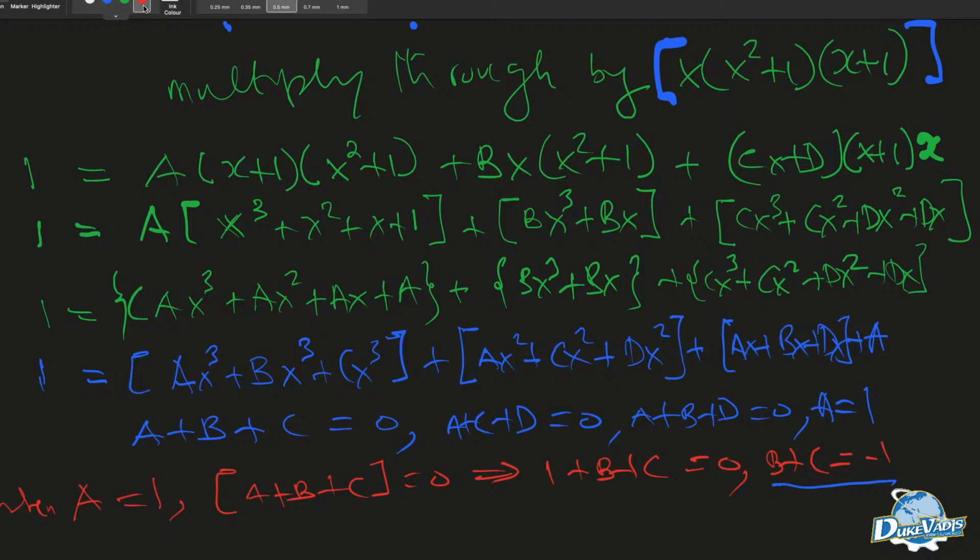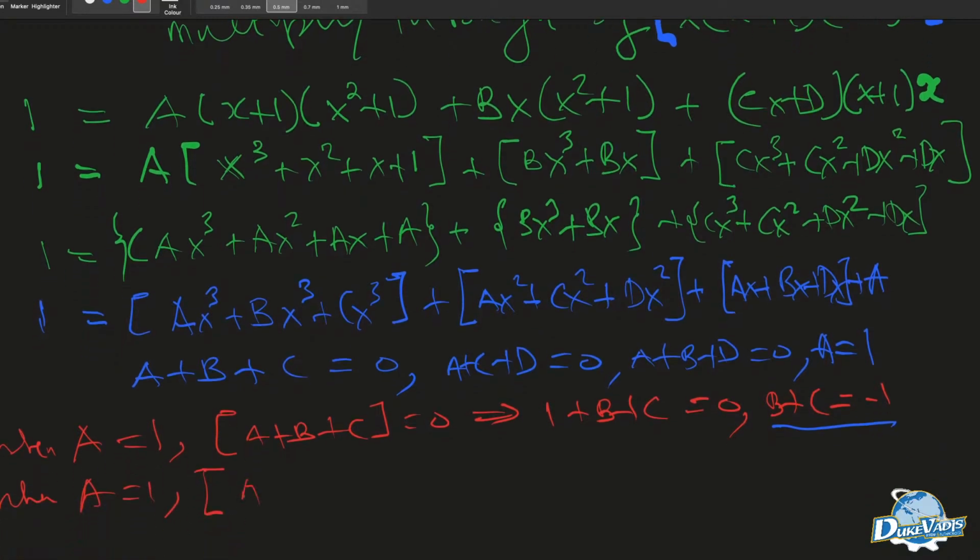Now let's try the other one. When a is 1 again, we're going to get a plus c plus d is equal to 0. So this implies 1 plus c plus d is equal to 0, giving us c plus d to be equal to -1. Okay, so let's call these ones some names.